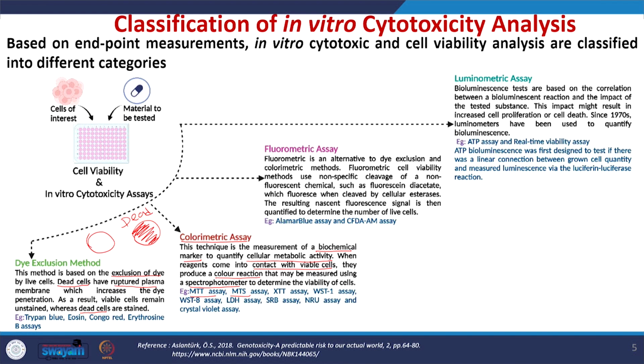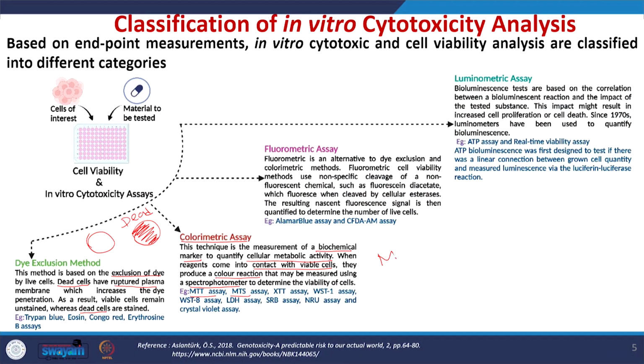What happens is, if more cells are viable, they will be more metabolically active, and this will convert the particular chemical into more colored product. If you are getting more color, it implies that the cells are more viable. More viable cells means color intensity will be high.